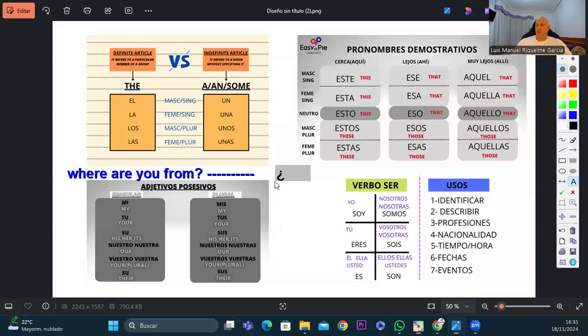And now de dónde, from where, and now are you? How do we say are you? Eres tú, or tú eres, doesn't matter. The order is not important. ¿De dónde eres tú? Where are you from? ¿De dónde eres tú?